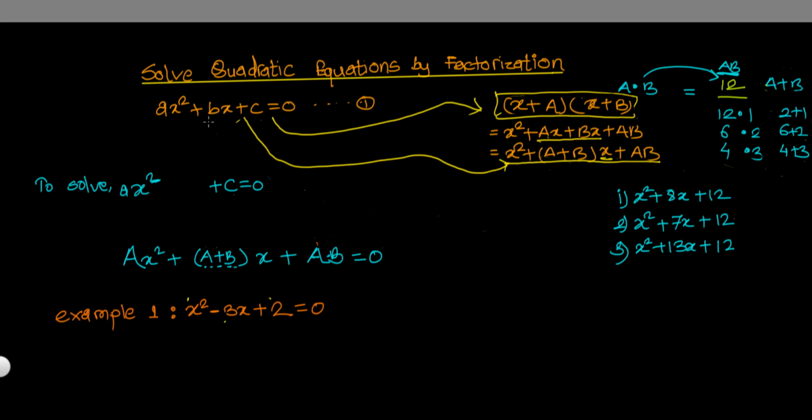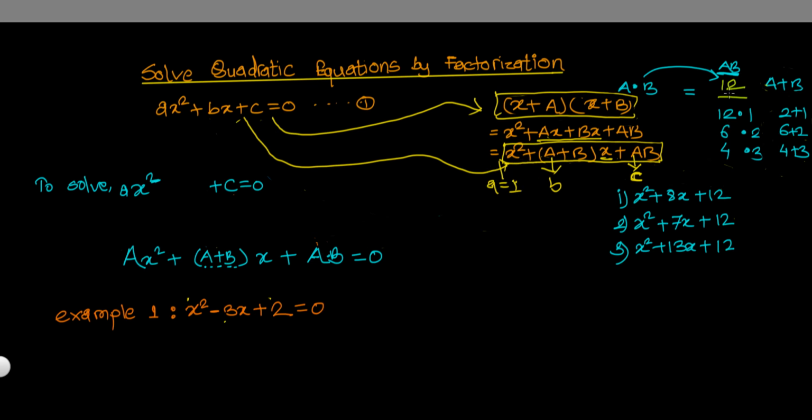Whatever equation is given to us, we have to be able to write it in this form. If we compare the two, our a is 1, whereas b is a plus b and our c is ab. So we must modify the given quadratic expression to this form in order to factorize the equation.